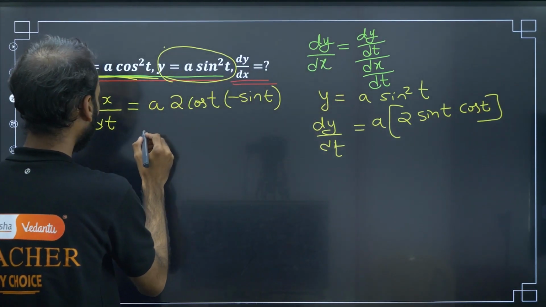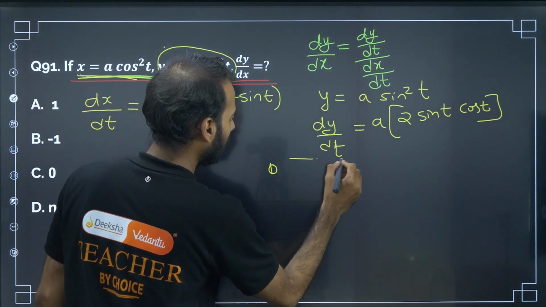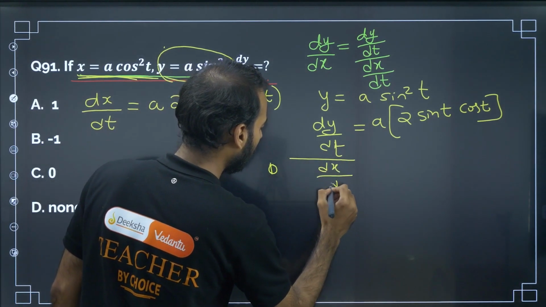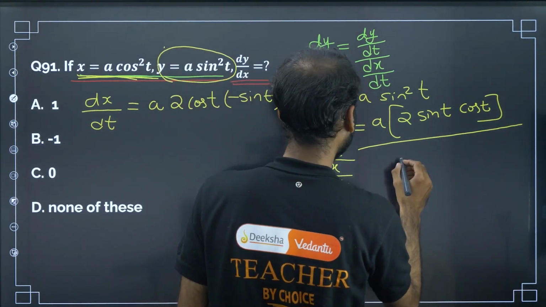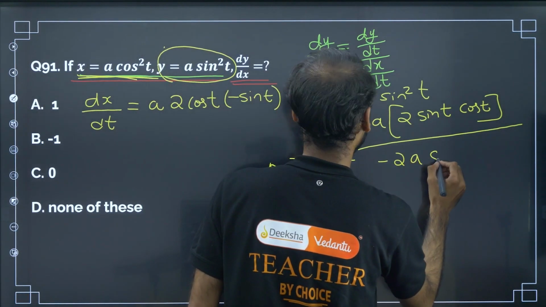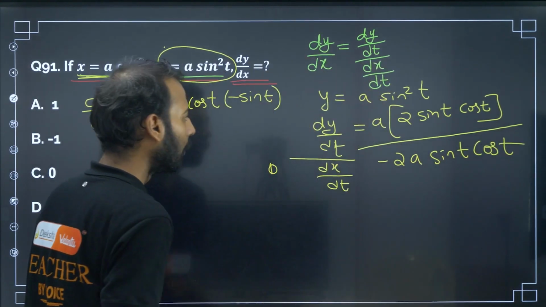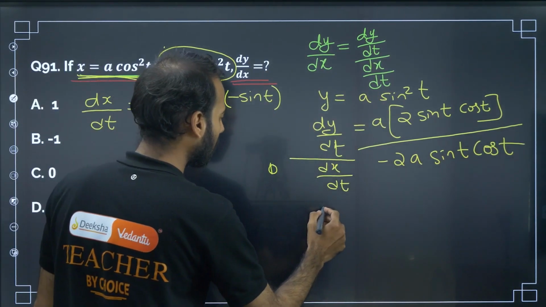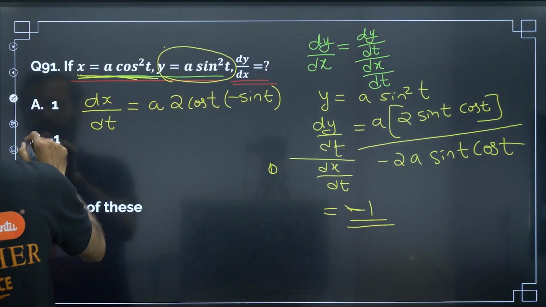Next, dx by dt is this, dy by dt is this, so let me divide this with dx by dt. So dx by dt is minus 2a sin t cos t. Now 2a sin t cos t, everything gets cancelled and finally we are left with minus 1. So the answer is minus 1.